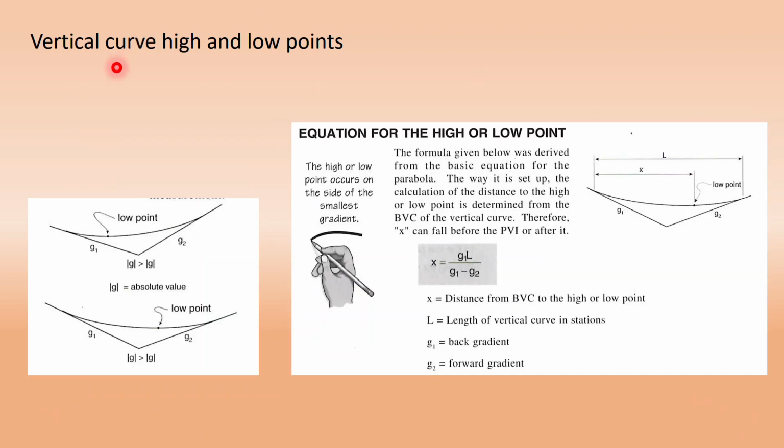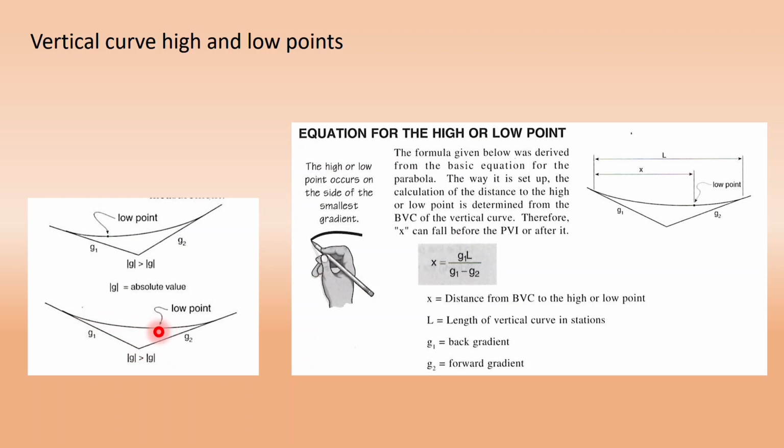So, back to our high and low points. This is what I mean when I say it's going to be inconsistent with the PVI, right? Your high or low point will be skewed towards the flatter gradient. And that's what this little bullet point in the textbook says, is that when you've got a flat gradient, it'll pull that low point towards it.